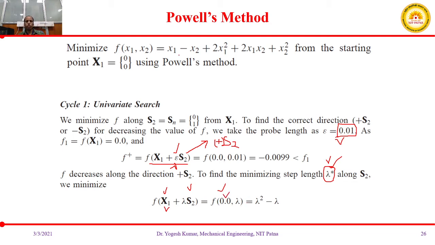If you put these values in this equation, x1 is 0, so all those terms will be 0, and for x2 we have lambda, so this will be lambda square minus lambda. I hope you are able to understand how we got lambda square minus lambda.